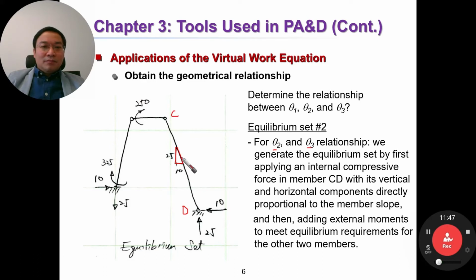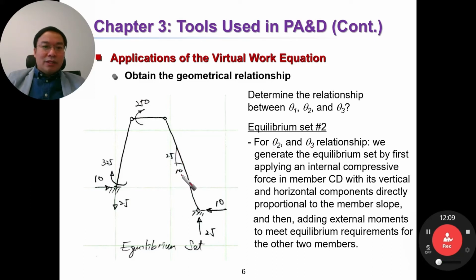So to ensure this slope of the CD member, then we can use here 10 and 25. Or you can use this one, then this one is 2.5. Okay, but no problem.